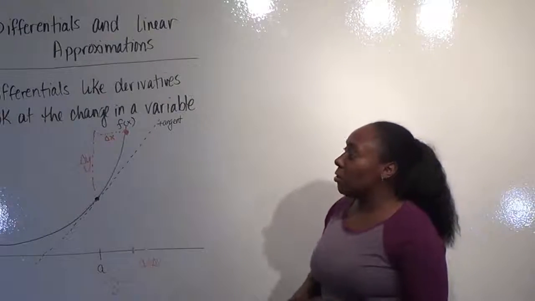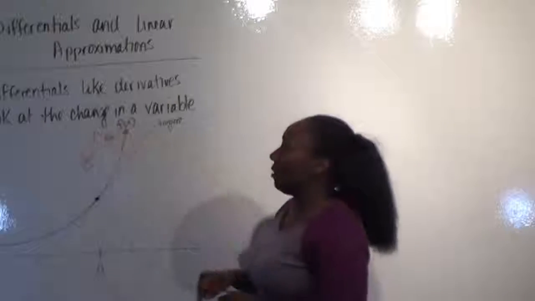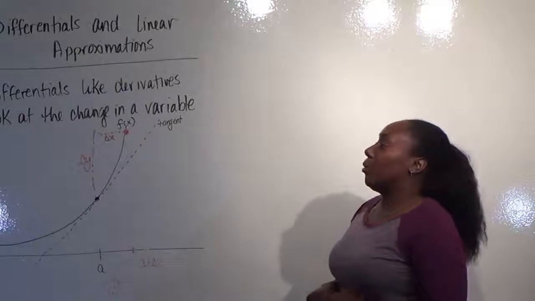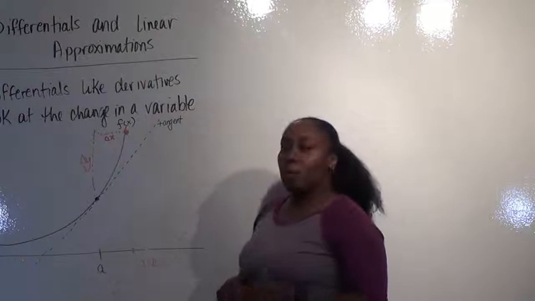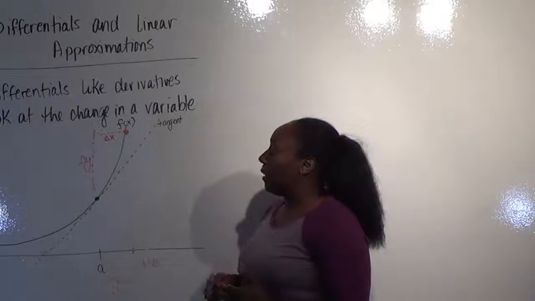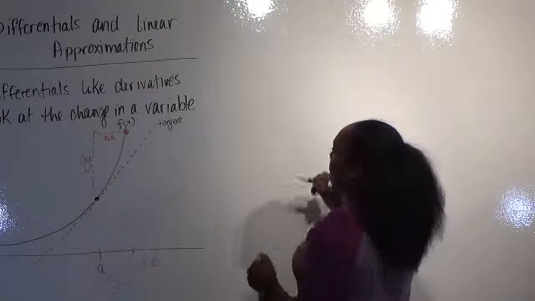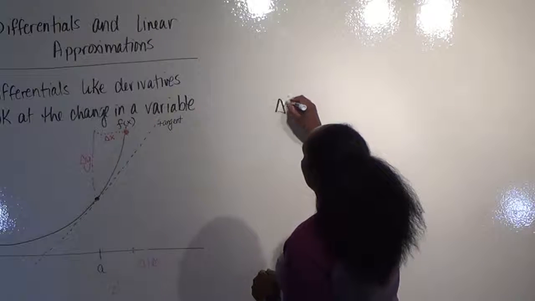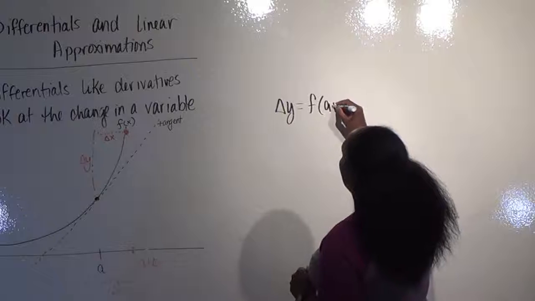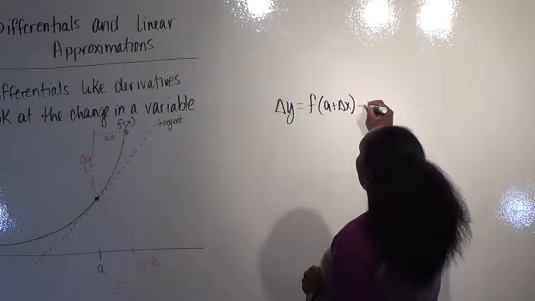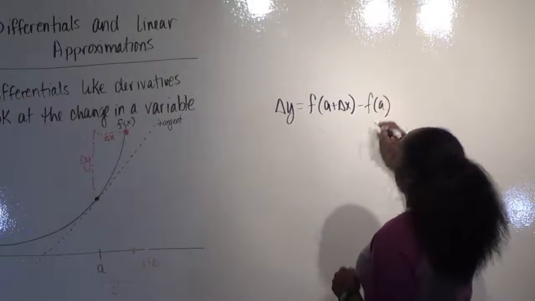I'm going to call it delta y. If you want, you can call it delta f, for function value. So delta y is going to be f of A plus delta x minus f at A.